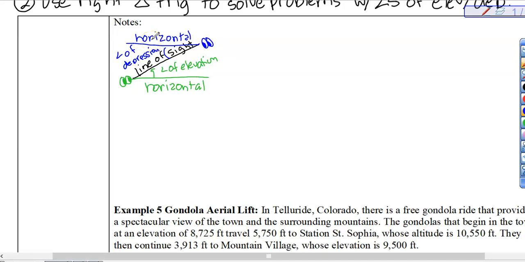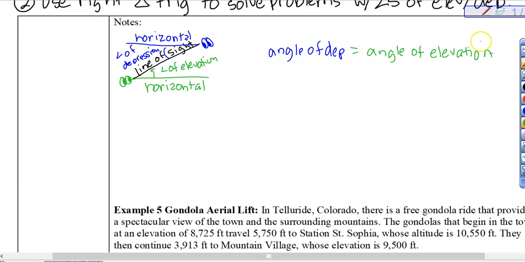They had to go through the same angle change so that we saw each other. So, in one problem, an angle of depression, if they're in the same problem, will be equal to the angle of elevation.